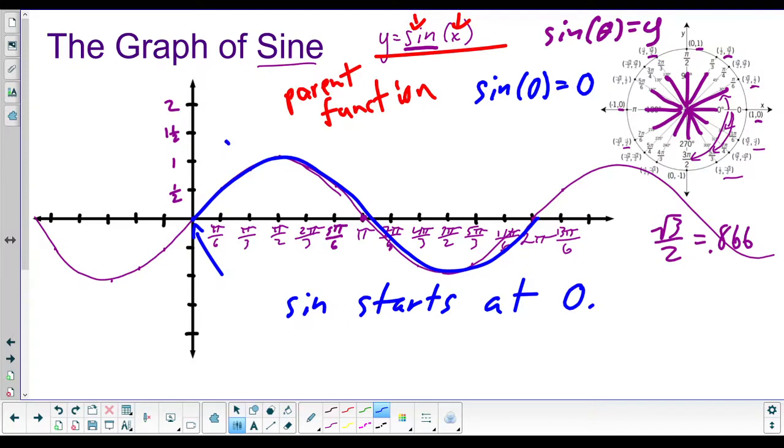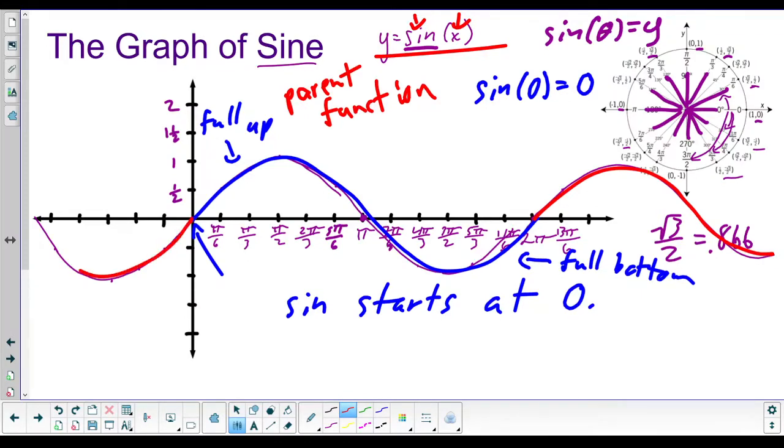We have a full top hill, a full bottom, or completed valley, and then it repeats again. We have hill, valley. On this side, we have the valley, and then if we have more space, you would see the hill. Every time this repeats, the width will be 2 pi.